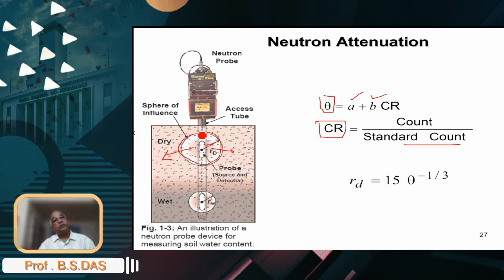All those slow neutrons are going to be measured in that volume. The issue here is that even though it is a volumetric measurement, the volume of measurement depends on how wet or how dry the soil is, and the radius of that measurement volume is observed to be about 15 times the water content raised to the power of -1/3.